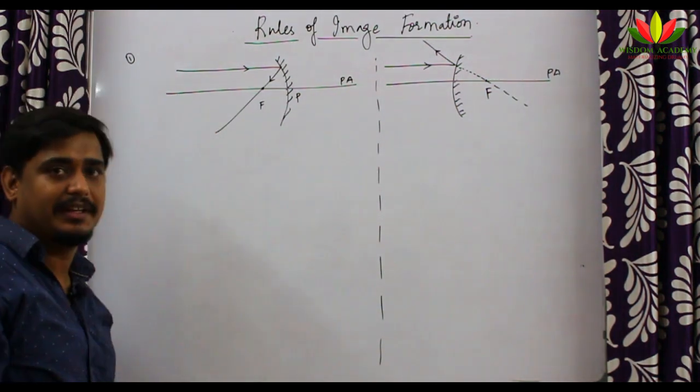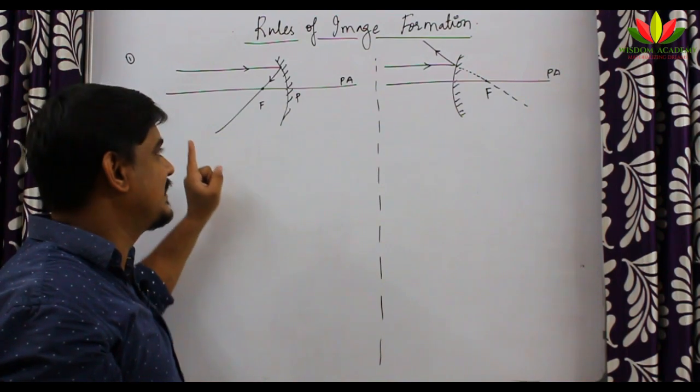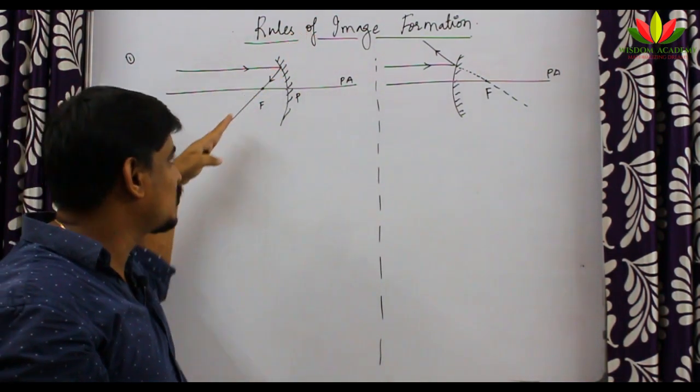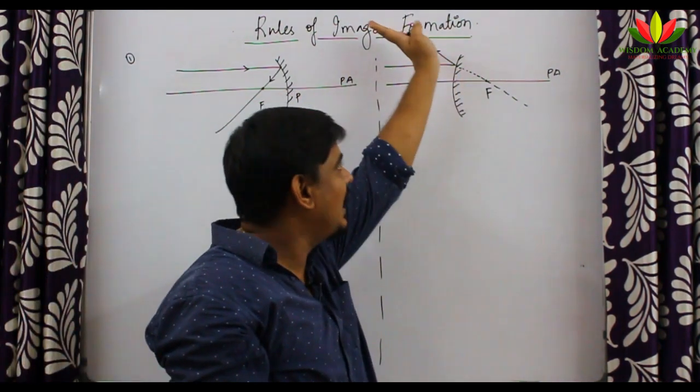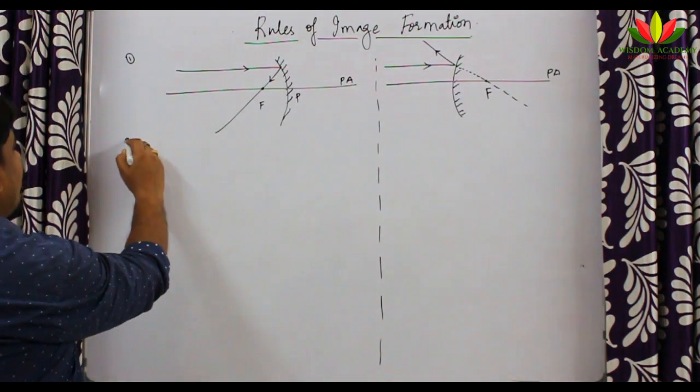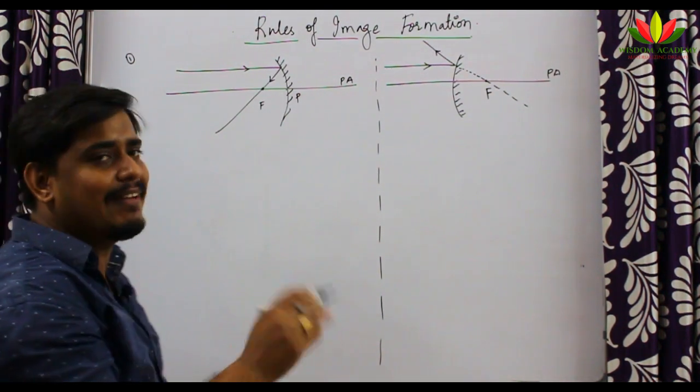This is a virtual ray, right? This is the first rule. Any ray passing parallel to the principal axis will converge to the focus or diverge and seem to pass through the focus.